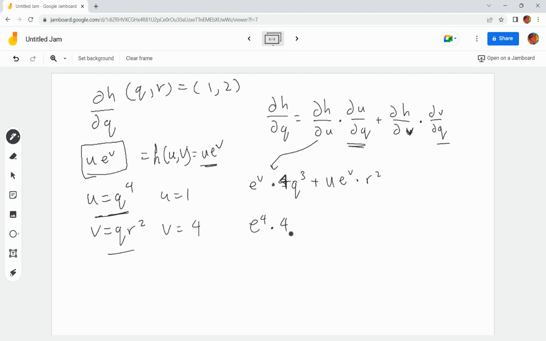So E4 multiplied by 4, and then 1, so it's like 1, plus U, so 1, E, and then V, where's V? That's V, multiplied by R, so R is 2. And then we have our answer, which is 6E4. Hopefully I'm correct, but that sounds like a reasonable answer.